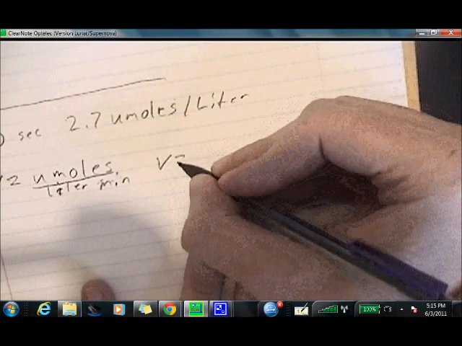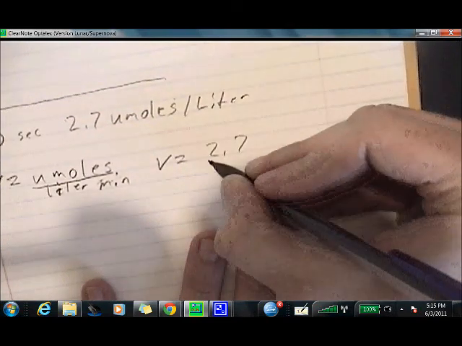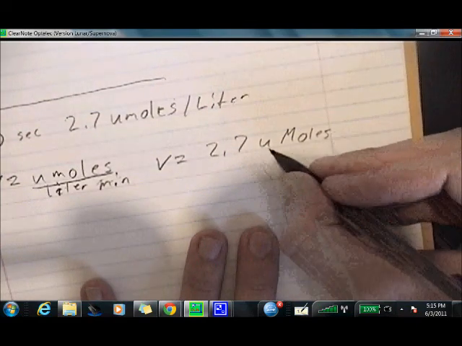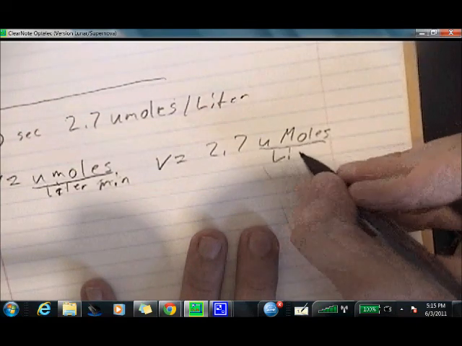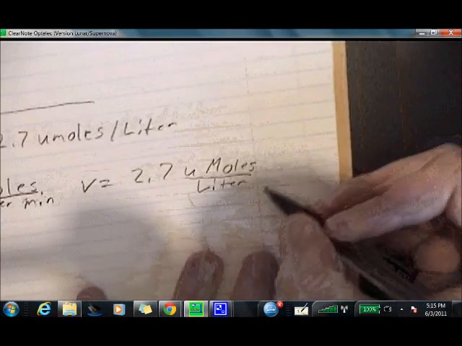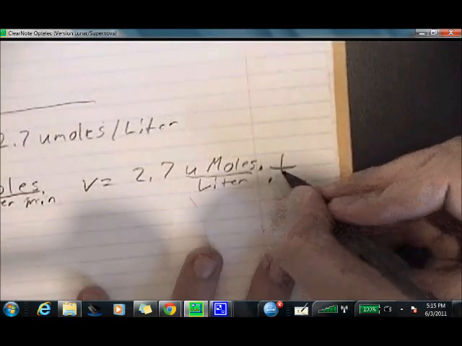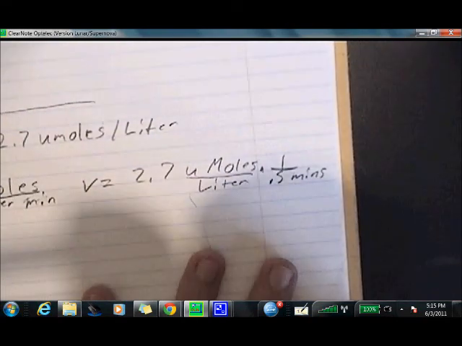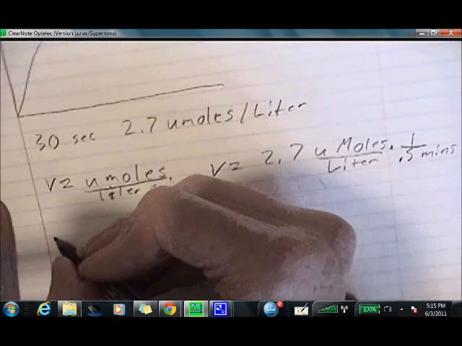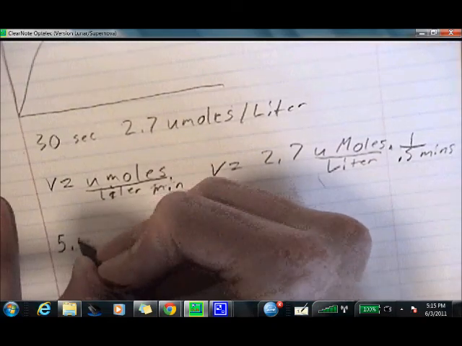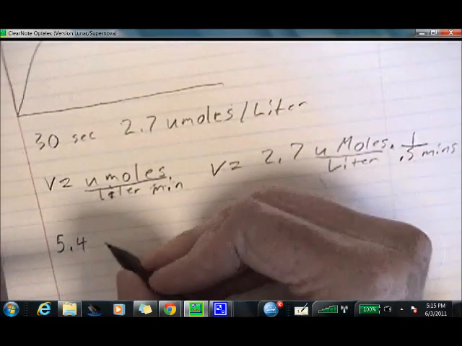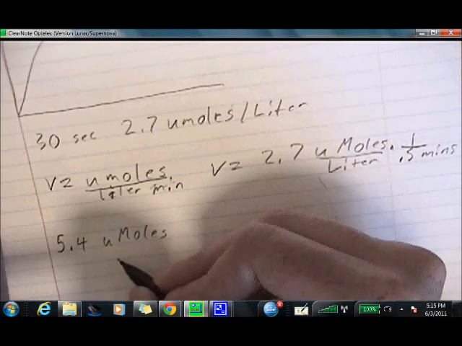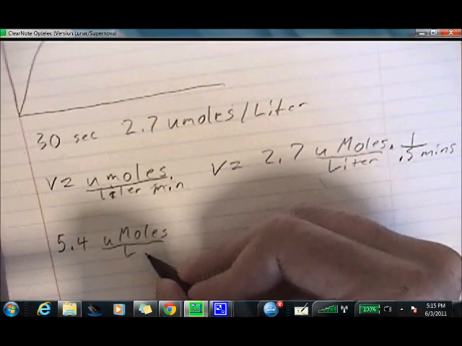So your V is going to equal 2.7 micromoles per liter times 1 over 0.5 minutes. And this is going to give you your velocity. What you should get is 5.4 micromoles per liter per minute.